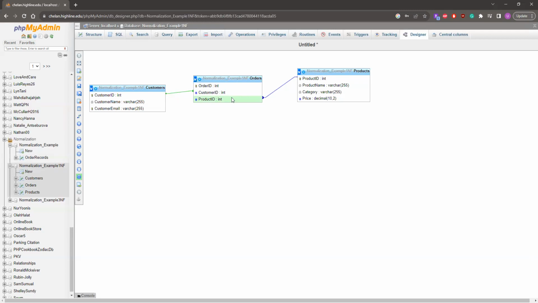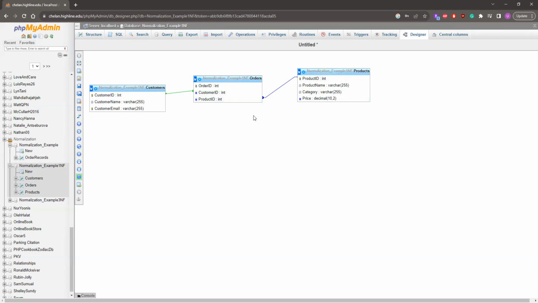So just think about it. When you place an order, you have your information and whatever you're ordering, and that would be connected through the product ID right there. The products table would have everything else: product ID, product name, category, price of that product. Each product is stored here one time, and we just use the ID in the orders table.